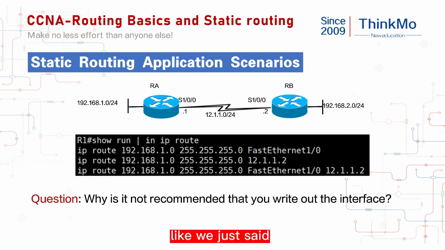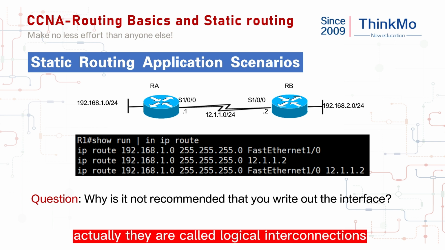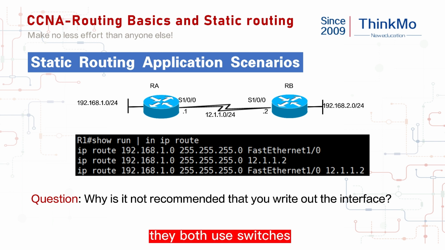Like we just said, a route, a switch, connect multiple routers. Actually they are called logical interconnections. They both use switches, can connect to each other. But for point-to-point links, it is not possible to use equipment, such as switches in the middle.